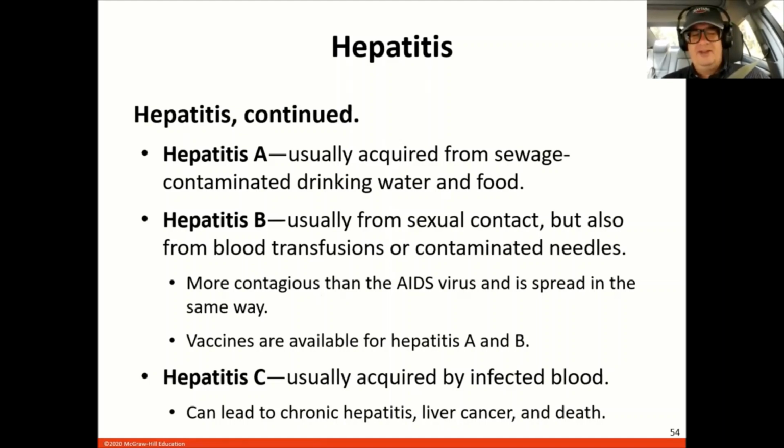Basically, hepatitis B, this is a good way to put it, is more contagious than the AIDS virus, spread the same way. There are vaccines for A and B. Hepatitis C comes from blood transfusions. You get chronic inflammation of the liver, liver cancer. You could die.